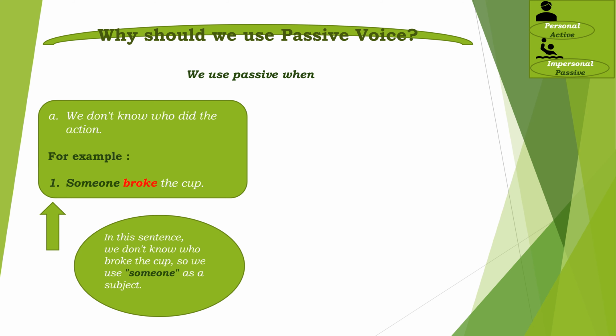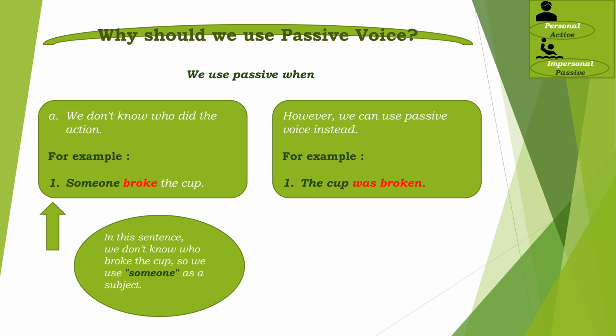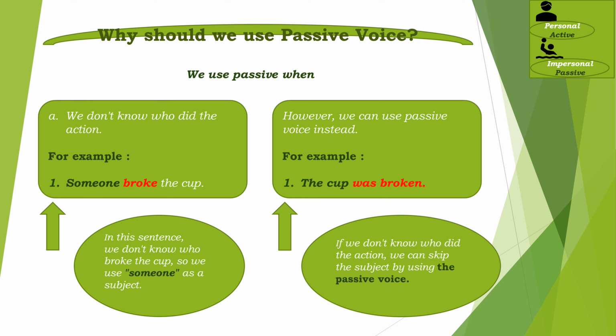So in this sentence, we don't know who broke the cup, so we use someone as a subject. However, we can use passive voice instead. For example, I can also say in a passive voice, the cup was broken, since I don't know who did the action. Thus, we learn if we don't know who did the action, we can skip the subject by using the passive voice.